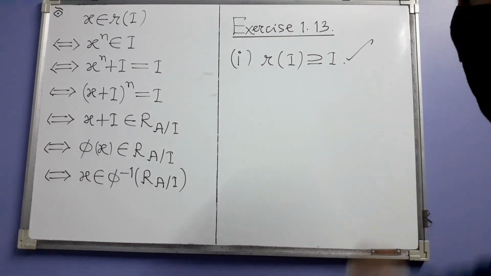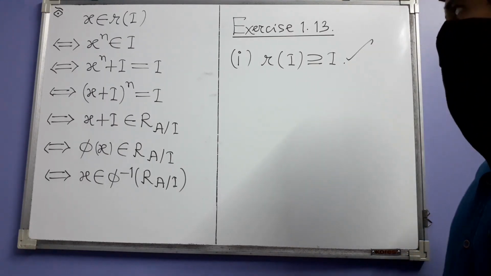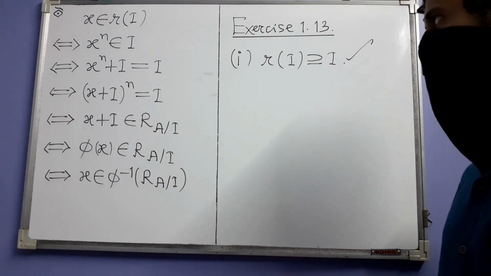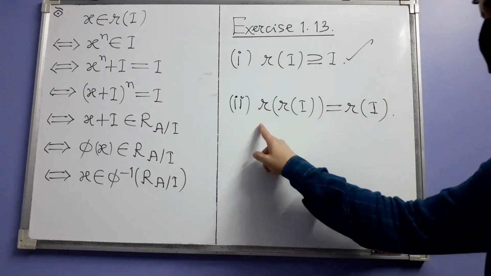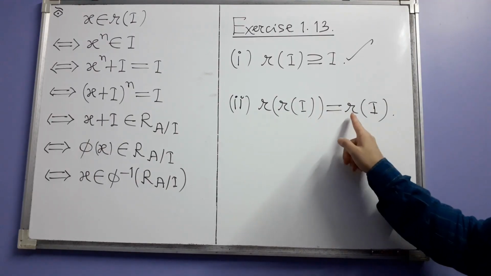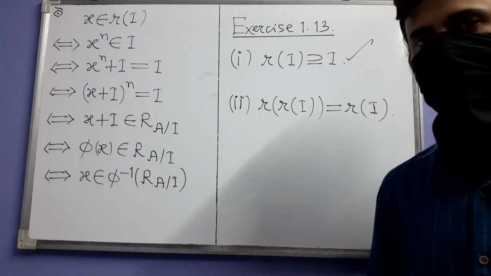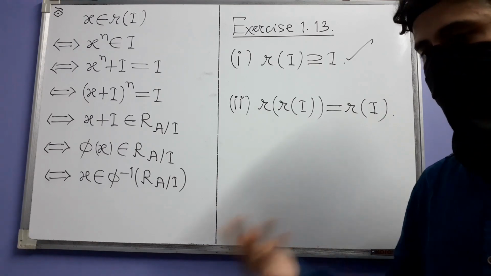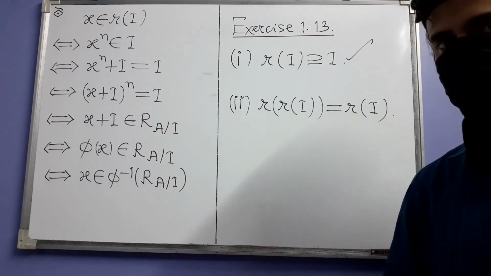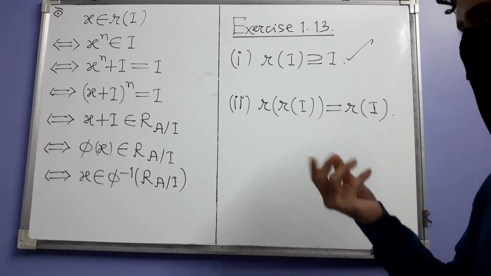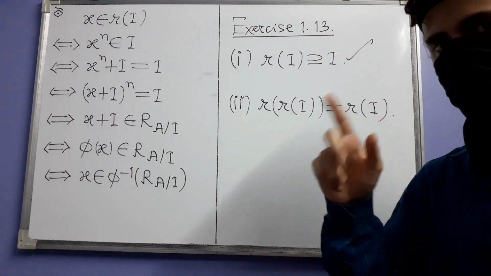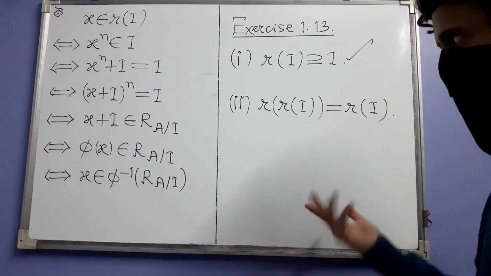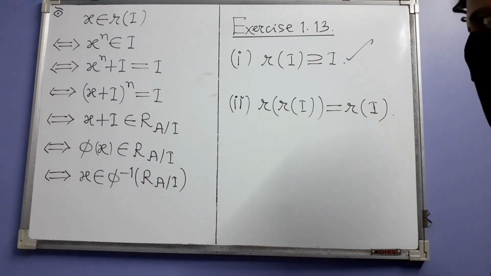So this is done. Next we have part 2. Part 2 tells us that the radical of the radical of an ideal is just the radical of the original ideal. So if we keep on taking radical, we do not actually get anything new. The first time we may get something new, but then that's just it. We keep on getting that thing itself. So let's solve this one.